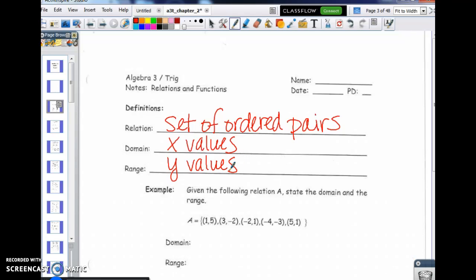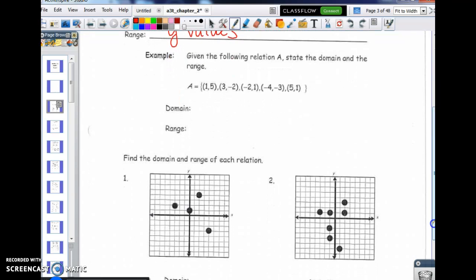Given the following relation A, state the domain and the range. Okay, well my domain is my x values, so here are my x. So it's x comma y. So our domain is going to be 1, 3, -2, -4, and 5.